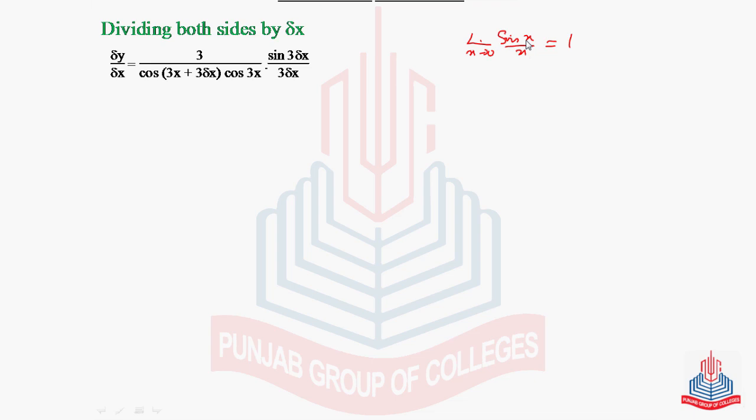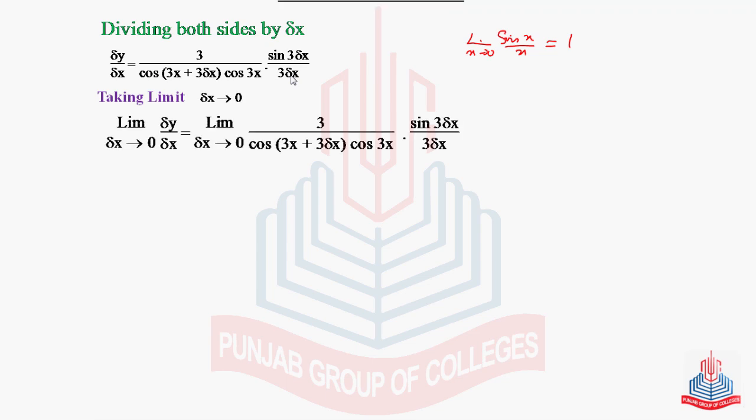So here we have sine 3 delta x, and when we divide by delta x, we must have 3 with this delta x. So we just multiply and divide by this 3. The next step is taking the limit delta x approaches 0. We have limit delta x approaches 0 of delta y by delta x, and on the right hand side, limit delta x approaches 0 of 3 over this one, and sine 3 delta x over 3 delta x.